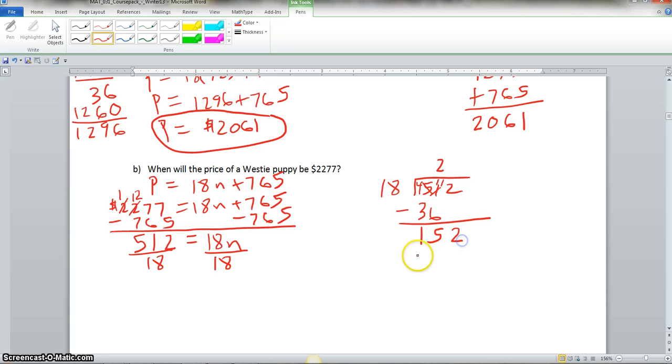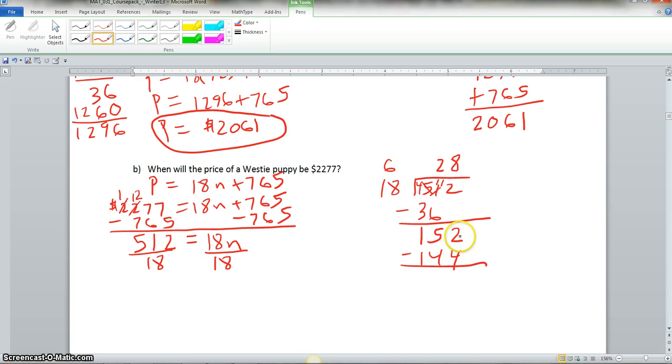And we bring down our 2. Now we have to take 18 into 152. Now we could use, let's see, 18 times 9 would be 162. So it'll be 8. So we have 8 times 8, which is 64. Carry a 6. 8 times 1 is 8 plus 6 is 14.